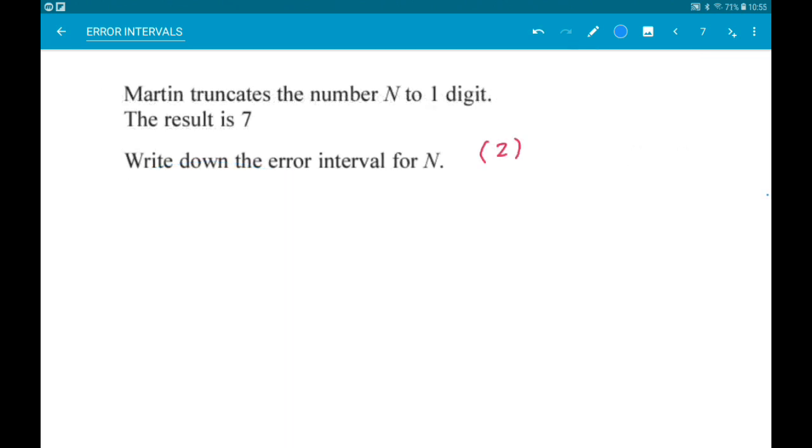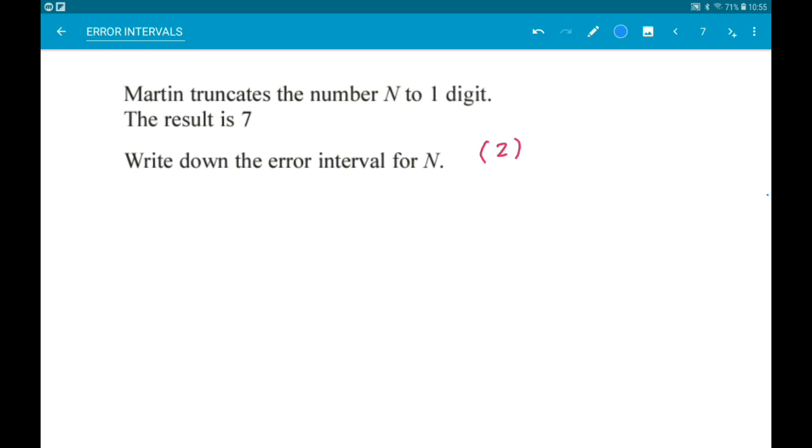Okay, now for the final question, we have something slightly different. Martin truncates the number n to one digit. His answer is 7. Write down the error interval for n. So if you truncate a number to one digit, it means after the first digit you just cut off anything after.